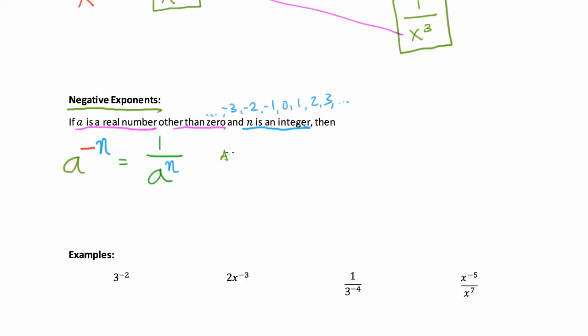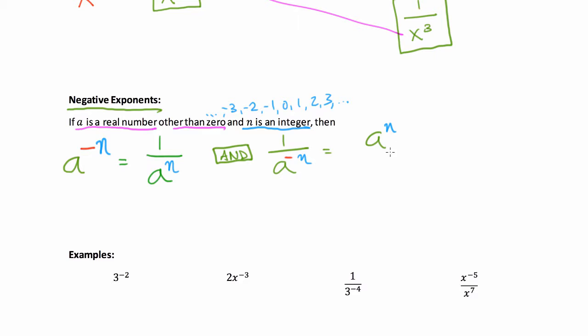And this goes both ways. If I have 1 over a to the negative n, that is the same as a to the power of positive n.